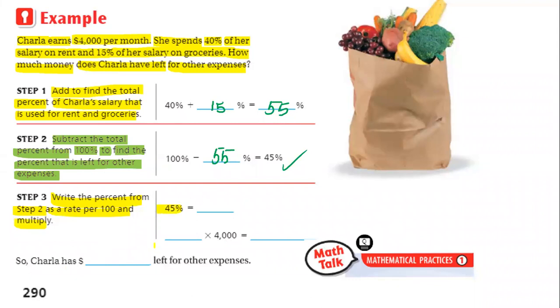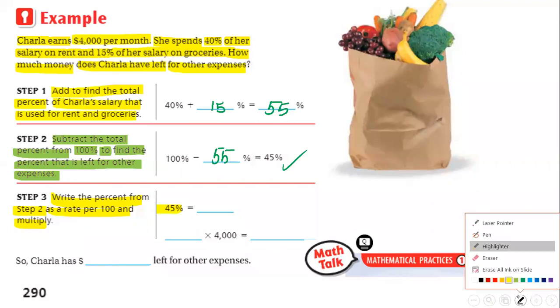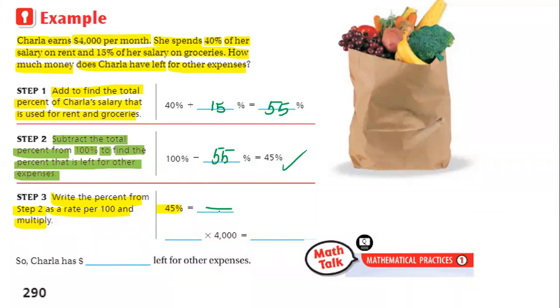Write the percent as a rate from step 2. 45% equals what out of 100? 45 over 100. That's right. So I need to calculate 45% of the salary equals what? Simplify before multiply.